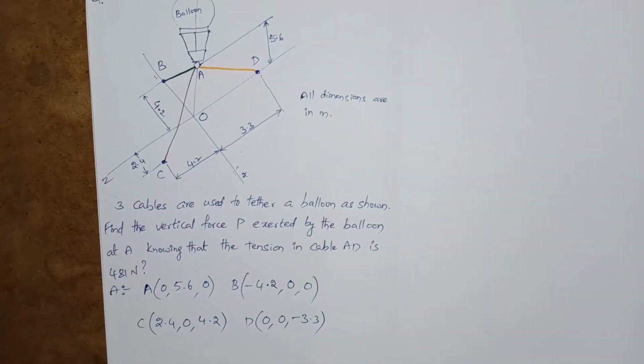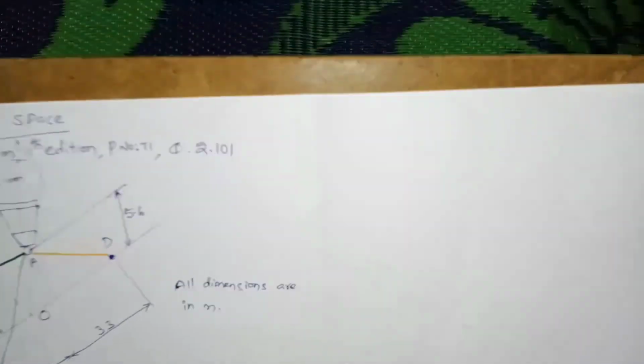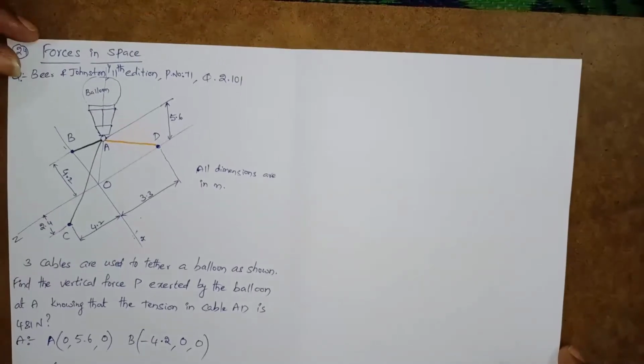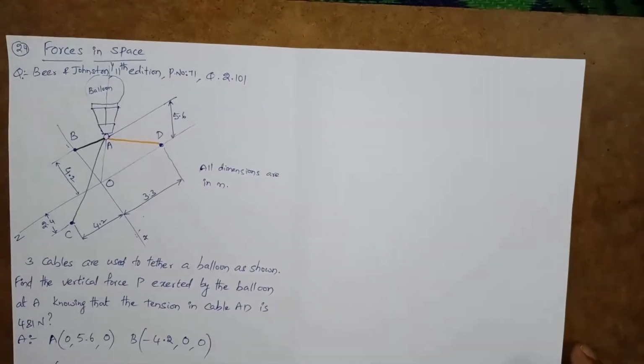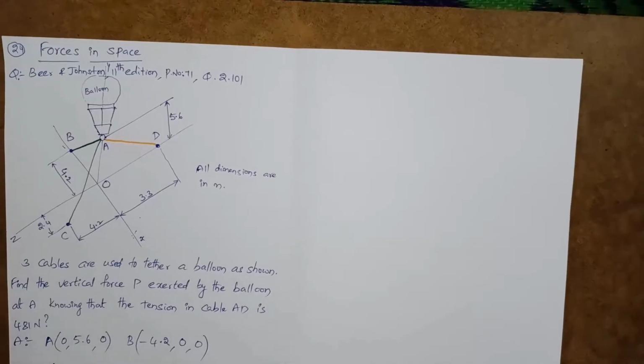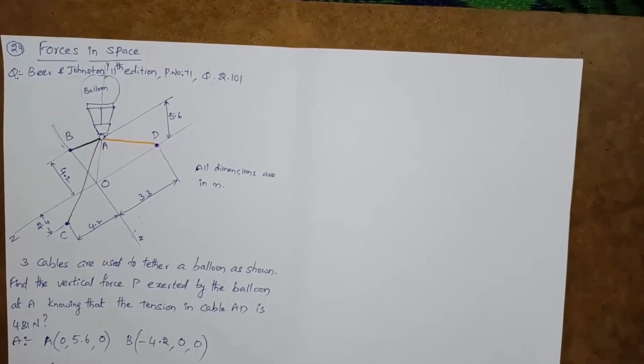Now we have all these points. Now we can write the vectors acting along those cables. First consider these three cables, AB. Let us show the directions of the tensions in the cables.